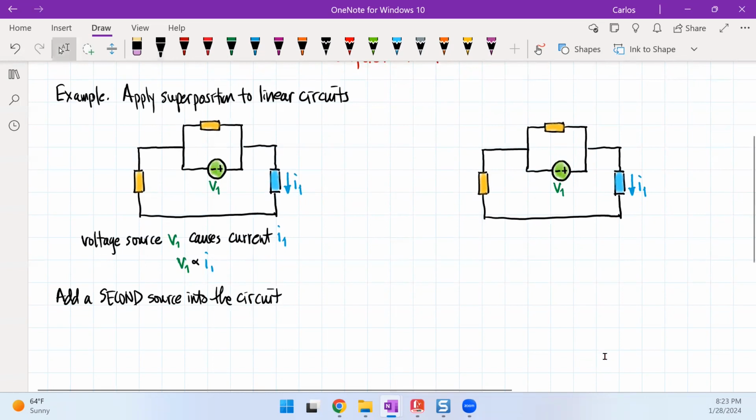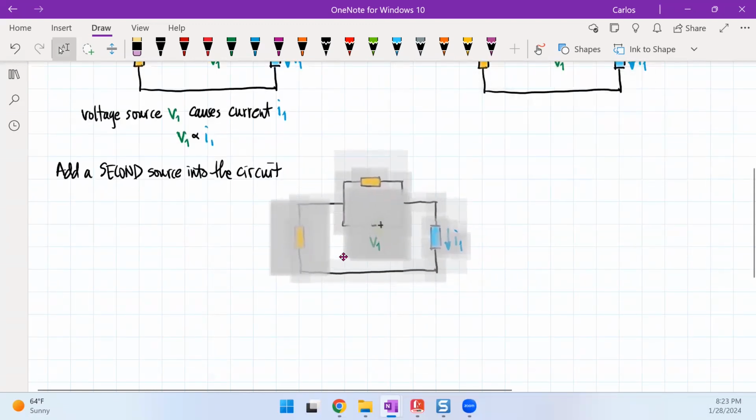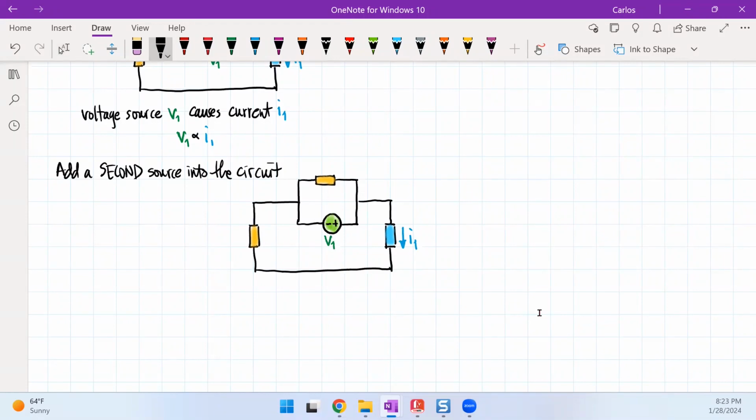So now what does this circuit look like? If I bring this down here, we're just going to randomly add a source anywhere we feel like. So let's say that I have another element here that I've added.